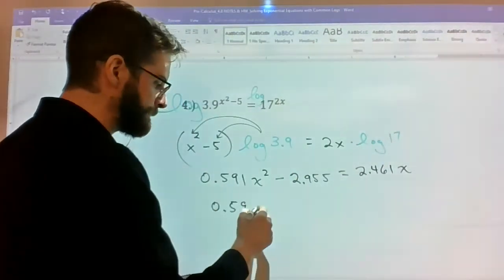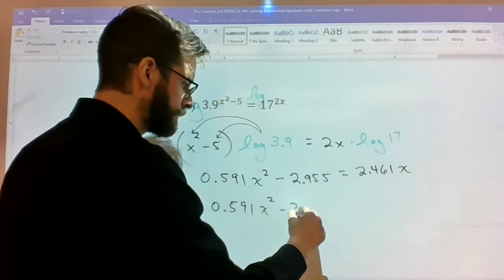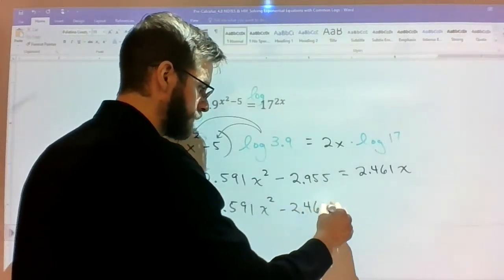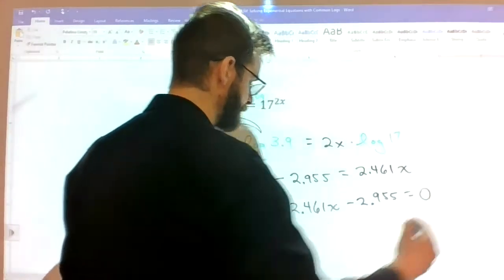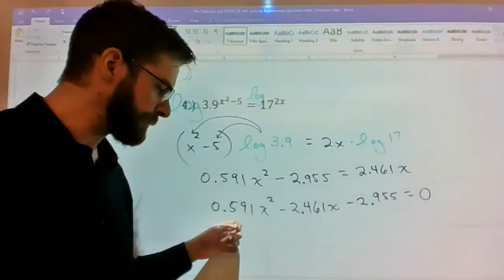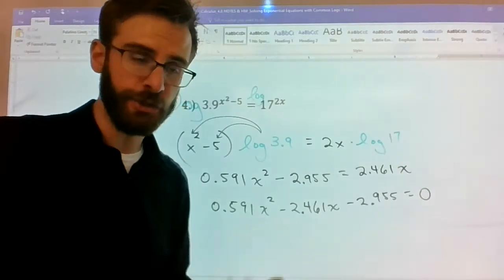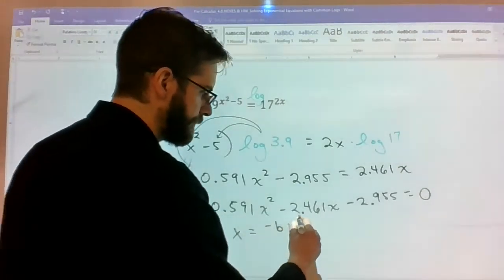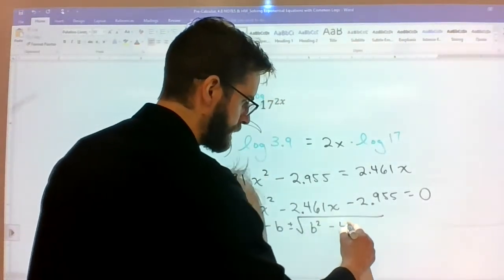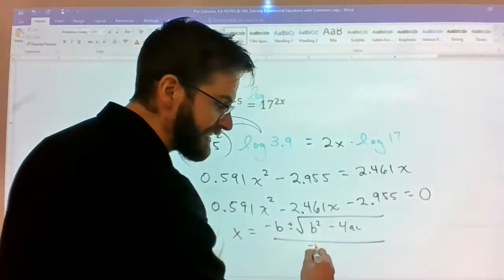I got to subtract it. And now we have to plug each of these components into this beast right here.